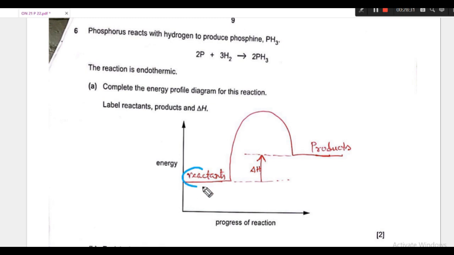Now these are reactants, these are products. Enthalpy of the reaction is the energy difference between reactant and product, delta H, this is positive, you can write it above the arrow.